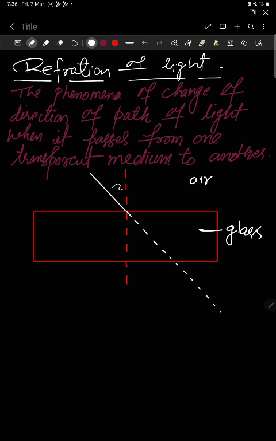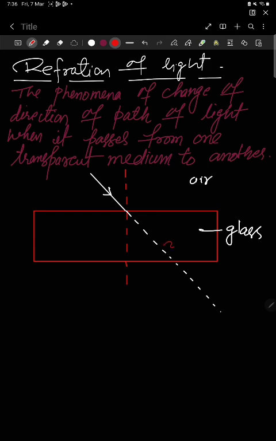Let's see here one light ray which is falling on the glass slab. When it falls on the glass slab, actually it should move in a straight line. This one is the path of the light ray. But it is not going to move in its actual path. It is going to deviate from its path.